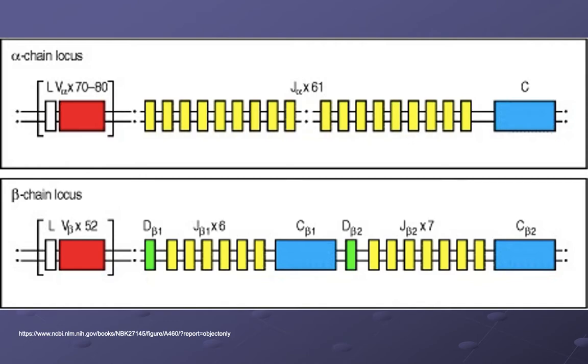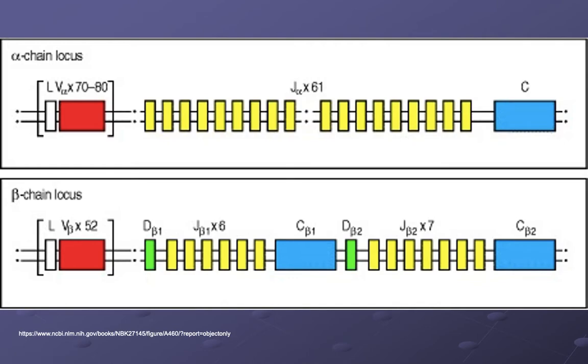In terms of functionality, we don't really know how many of these variable gene segments are actually functional. Now, in terms of the joining gene segments, letter J, about 61 clusters.